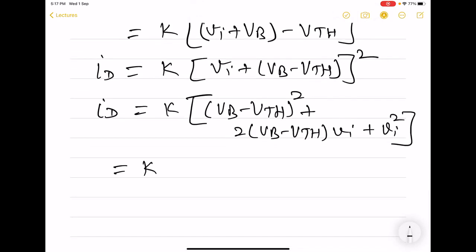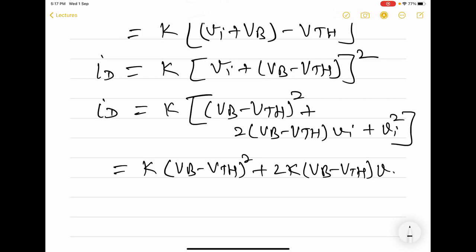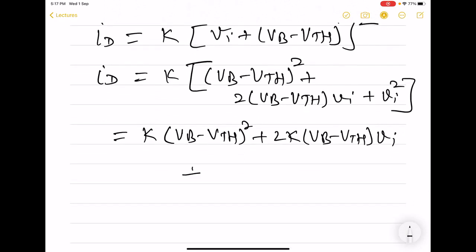So this becomes K into (VB minus VTH) whole square. So this is going to be DC, completely constant term, independent of time. This is dependent upon time, and the second term is also going to be dependent upon time.